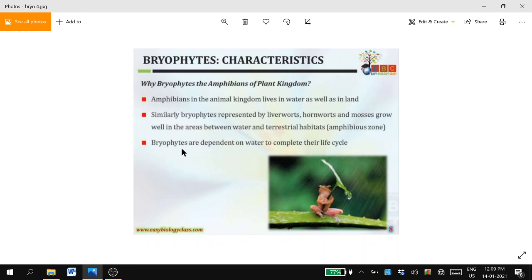Bryophytes are dependent on water to complete their life cycle, as we discussed earlier that some events in the life cycle of Bryophyta require water. On these points, bryophytes can be considered the amphibians of the plant kingdom.